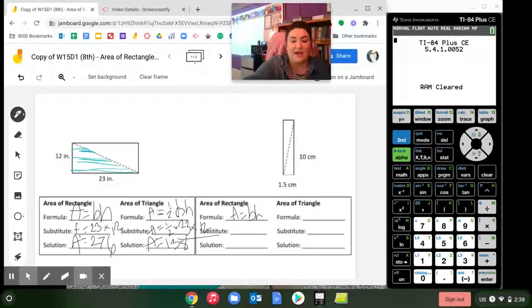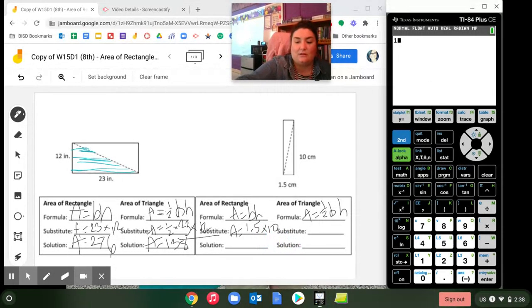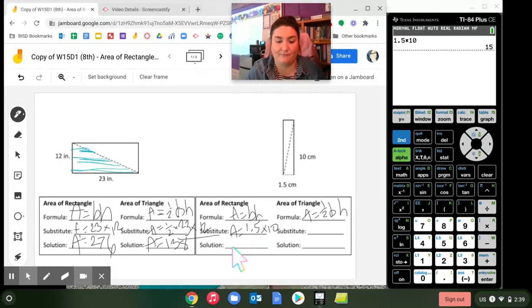A equals BH, triangle is 1/2 BH. If I'm substituting, my base is 1.5, my height is 10. And if I plug that in the calculator, 1.5 times 10, I get 15.